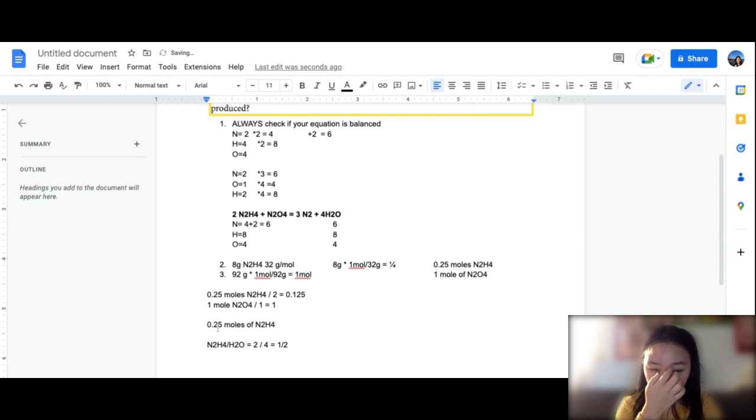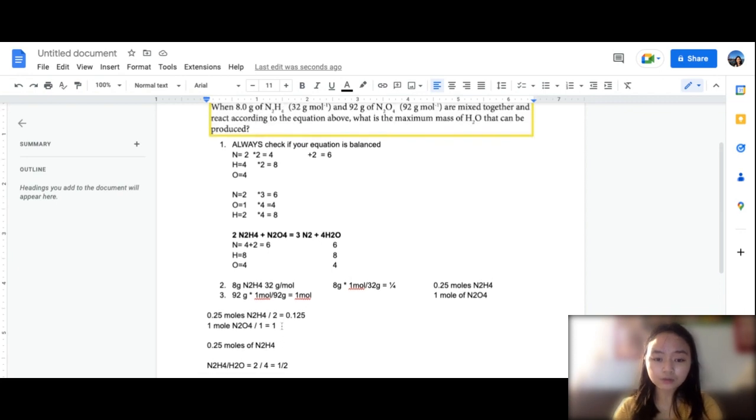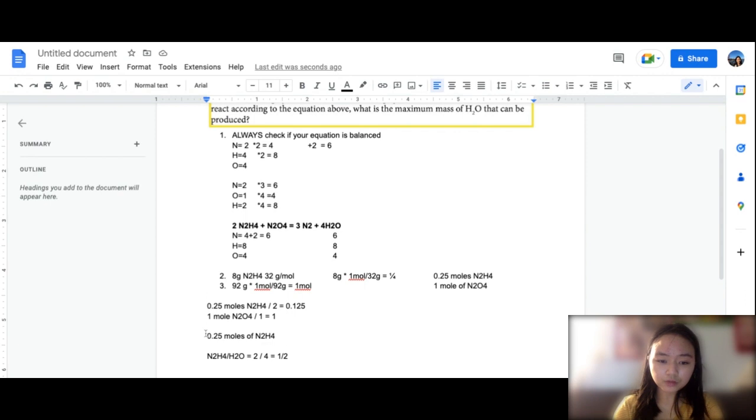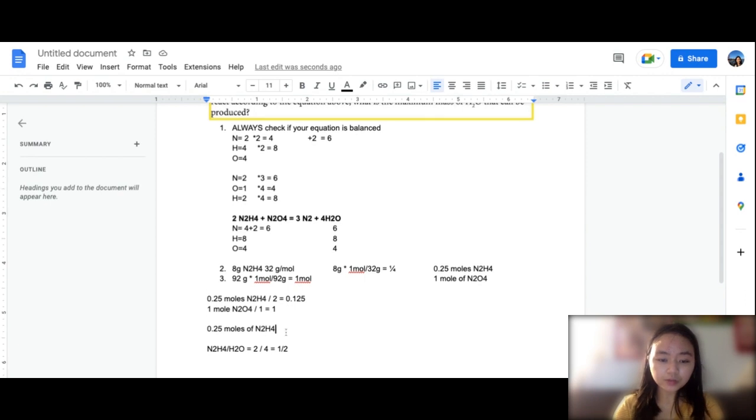And since you have 0.25 moles of N2H4, same thing with dimensional analysis, where we want to cancel out the moles of N2H4, so we are left with the moles of water. You have 0.25 moles of N2H4. You can multiply by this ratio, but we need to cancel out N2H4, so it needs to be on both sides of both the numerator and denominator. So let's multiply by H2O over N2H4.